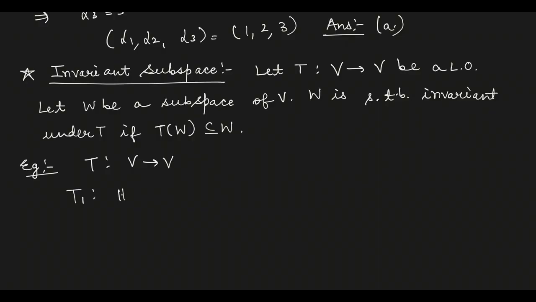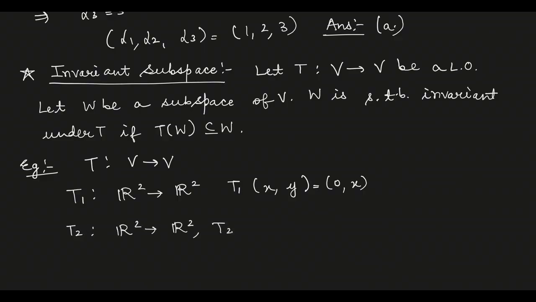T1 is a mapping from R square to R square, defined as T1(x, y) is equal to (0, x). T2 is a mapping from R square to R square, T2(x, y) is equal to (0, y).